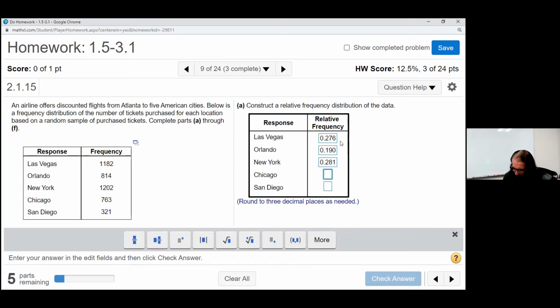It's 0.1781 something. It's going to round down. 0.1781, so rounds down to 0.178. And then San Diego, 321 divided by 4282. 0.0749, that's going to round up to 0.075.